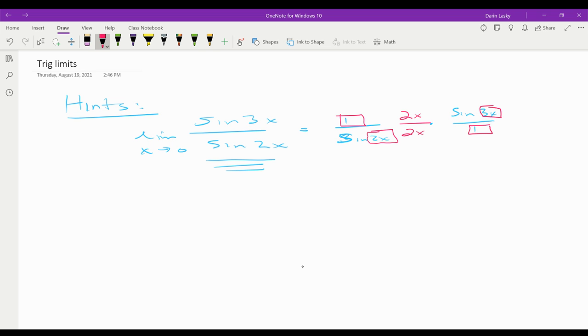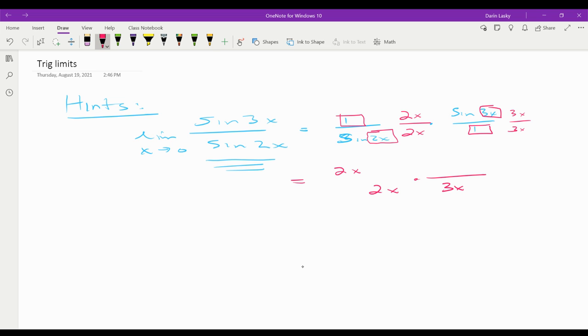Okay? So now when I rewrite this, I need a 3x on the bottom, but I need a 3x on top also, because I've got to be able to multiply this thing by 1, because it's the only thing that never changes the problem. So whatever I do to the bottom, I have to do to the top, or vice versa. So let's rewrite this. I'm going to take a 2x here, and then I'm going to put a 2x here, and then you'll see where I'm going with this.